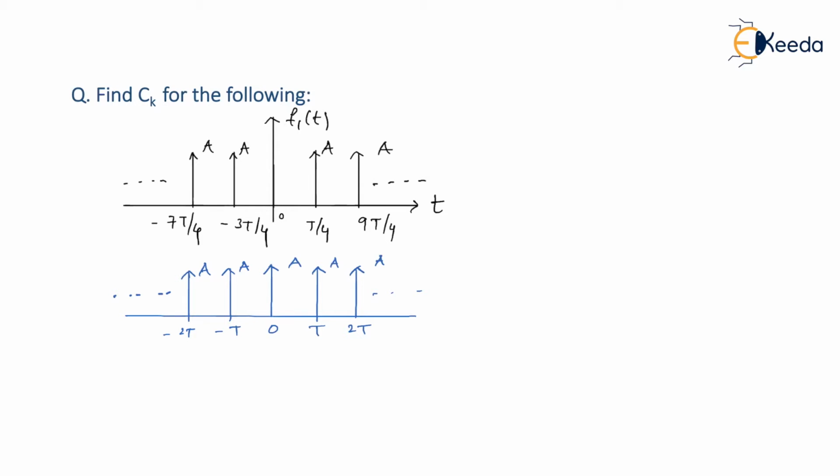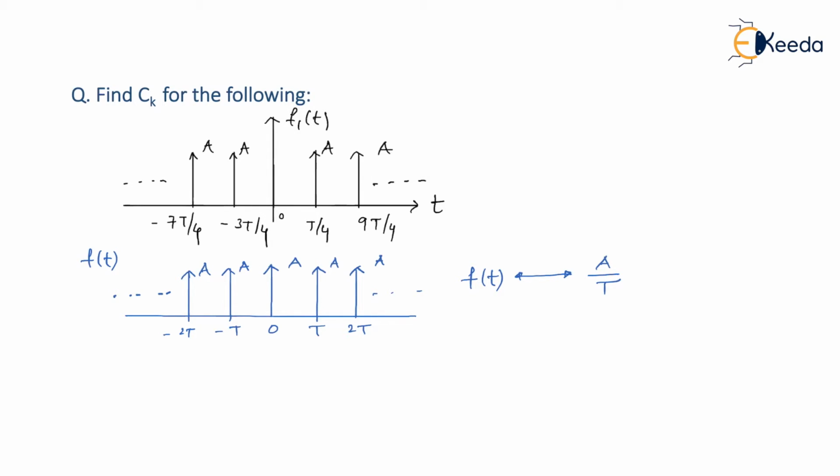So for me, let's say this was f of t, and for f of t we already had a Fourier series coefficient as a by T. Is that right?